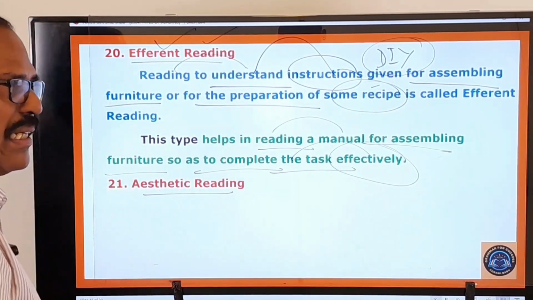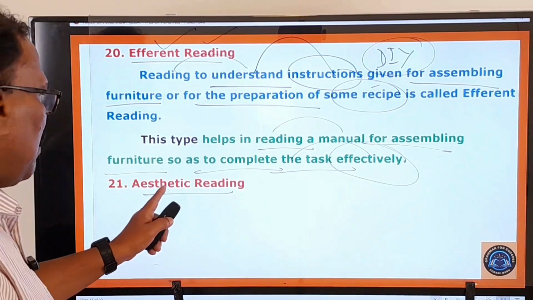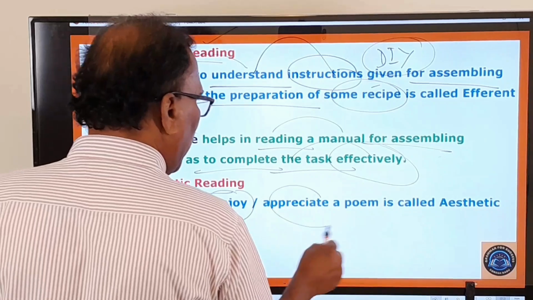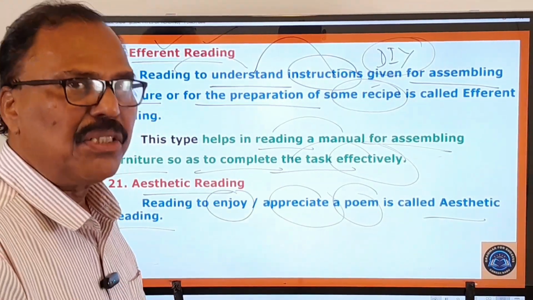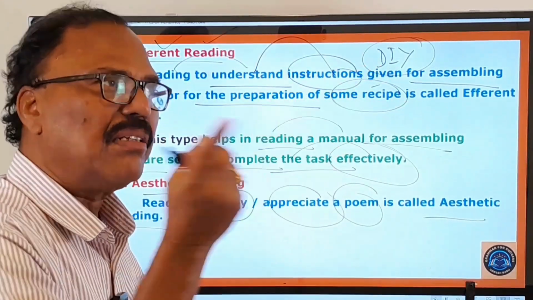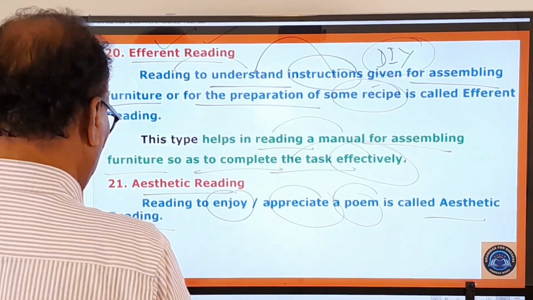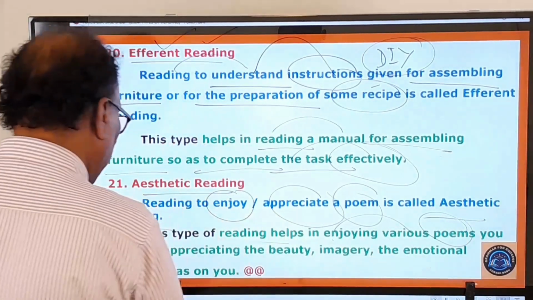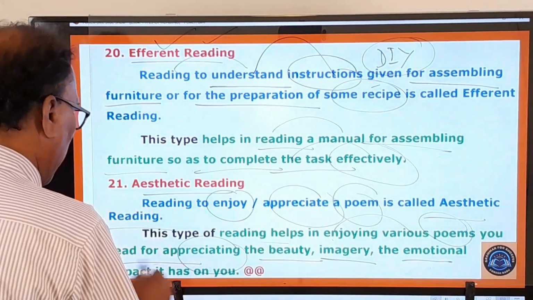Aesthetic reading is there. Aesthetic means pertaining to beauty. That is called aesthetic. This is the meaning of this one. And here you pay attention. Reading to enjoy and appreciate a poem is called aesthetic reading. Whenever you happen to read some poem, to enjoy that, to appreciate that, then that kind of reading is called aesthetic reading. Okay, this type of reading helps in enjoying various poems. You read for appreciating the beauty, imagery, and emotional impact it has on you.